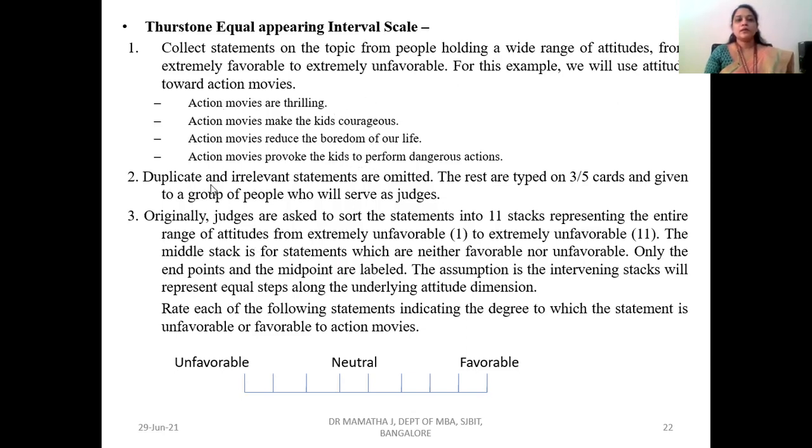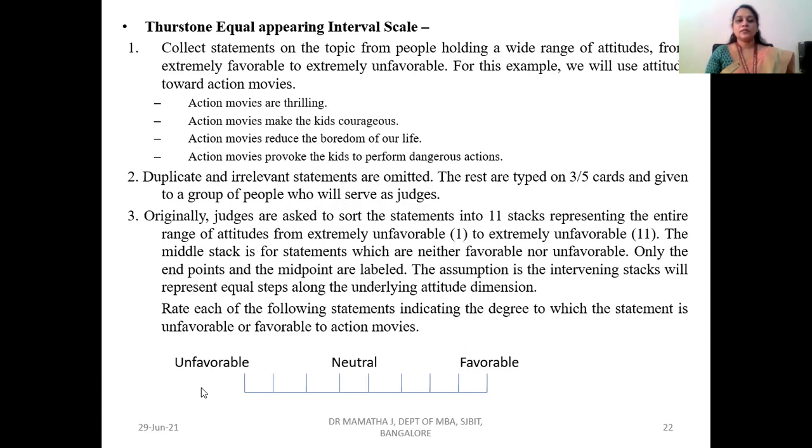And now, duplicate and irrelevant statements. Once you have collected all the statements, if the statements are duplicated or not related, those statements are omitted and the rest are typed on 3 by 5 cards and given to a group of people who will serve as judges. Okay.